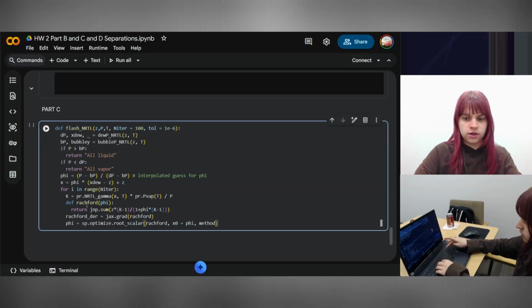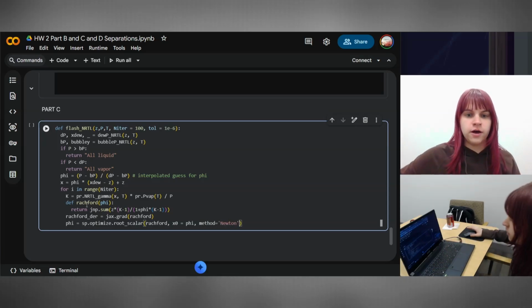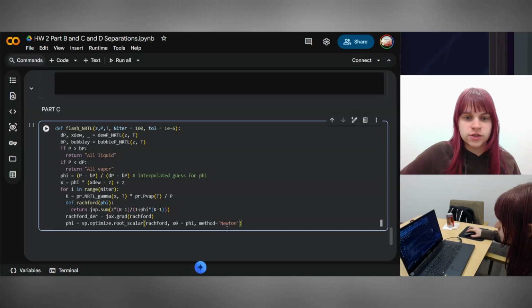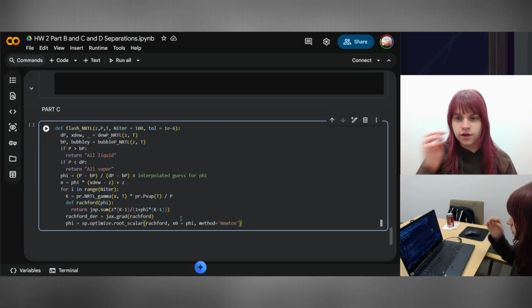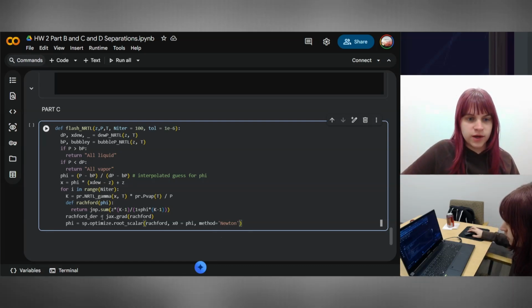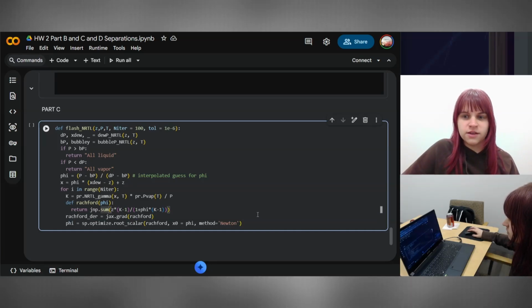Our method is Newton. I won't go too much into this method specifically, but to use the Newton method, that is why we took the derivative of our Rachford equation there. You could do the derivative yourself and just type it out here, but this is quite obviously a bit easier and faster.